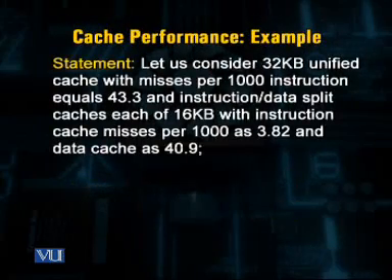Now, let us consider a 32 KB unified cache with misses per 1000 instructions equal to 43.3, and instruction or data split caches of 16 KB each, with instruction cache misses per 1000 as 3.82 and data cache misses per 1000 equal to 40.9.